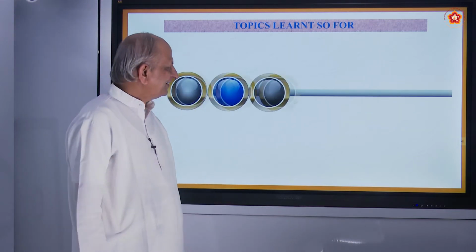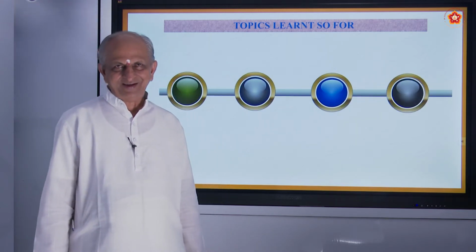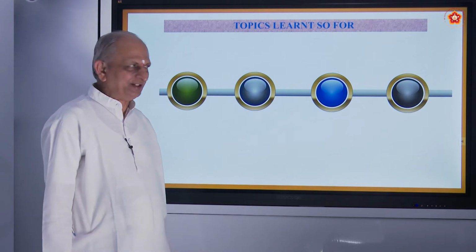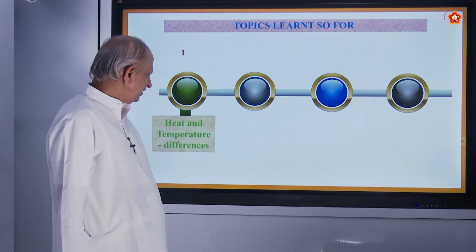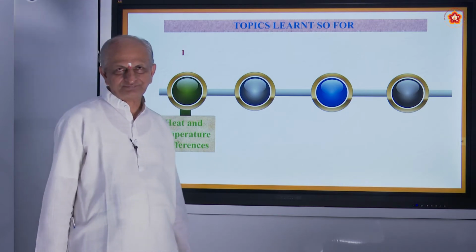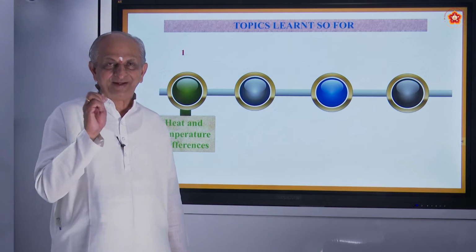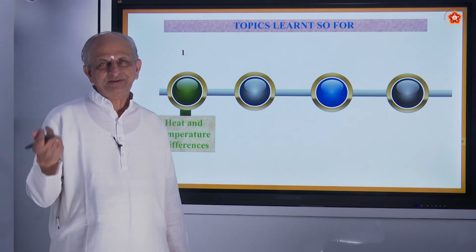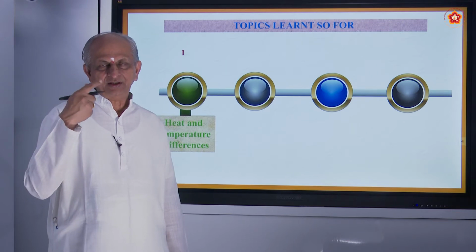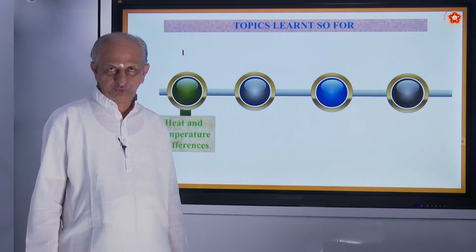Okay. Now let us recall a glance at what we have studied in the previous classes. We have seen about heat and temperature. What is heat? Heat is a form of energy. It is also called the total kinetic energy of the molecules.